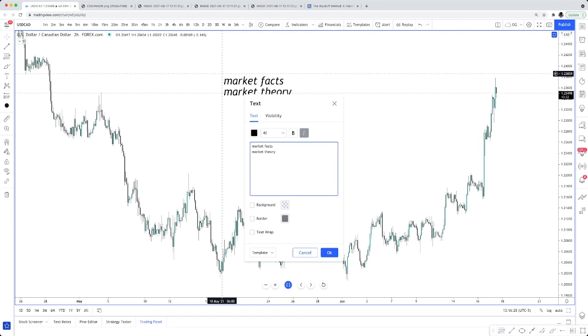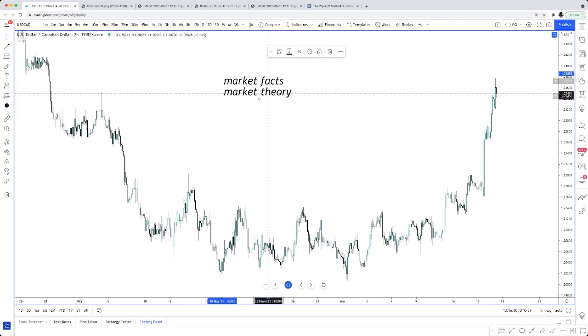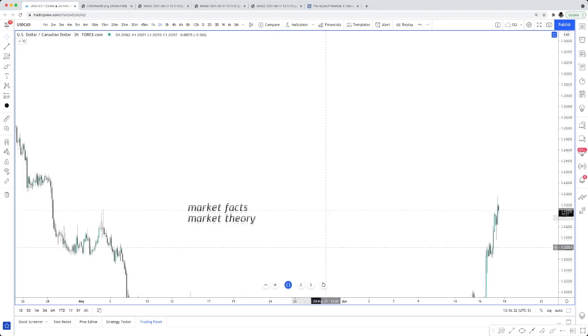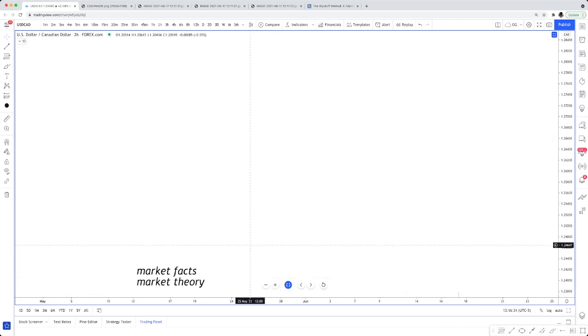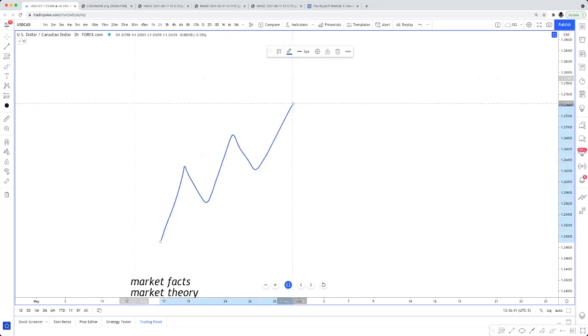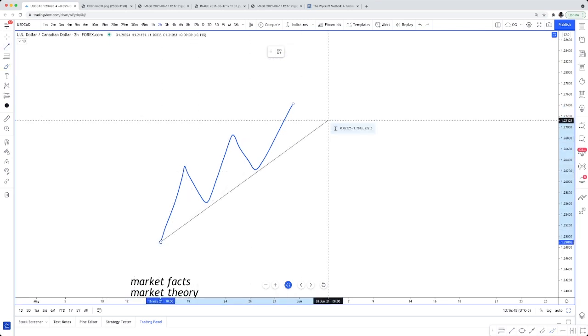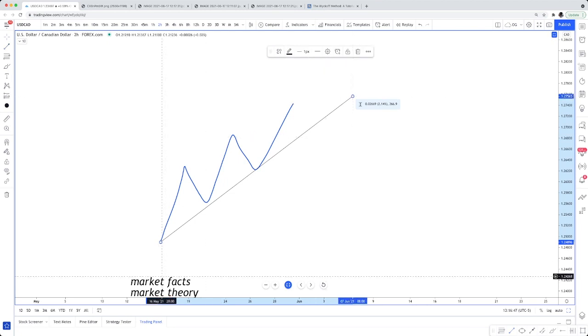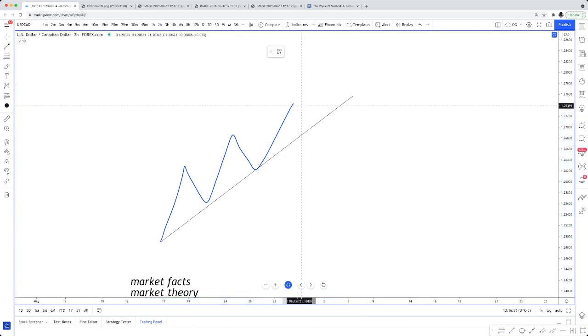A lot of people trade on market theory compared to market facts. Now, what is market theory, family? Market theory is the theories of how price is moving, right? So for example, most people in this retail space will tell you that once the market hits a trend line 2 to 3 times, it's such a solid trend line, right?